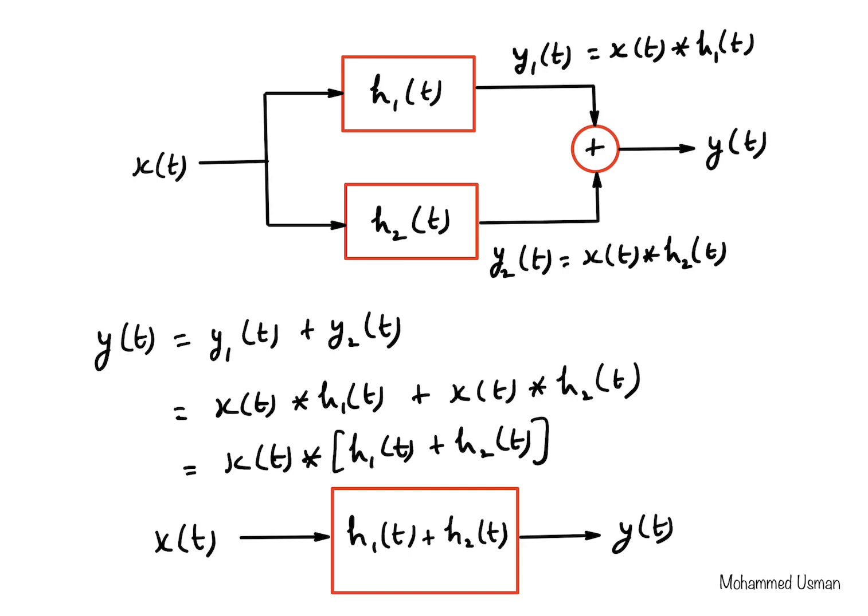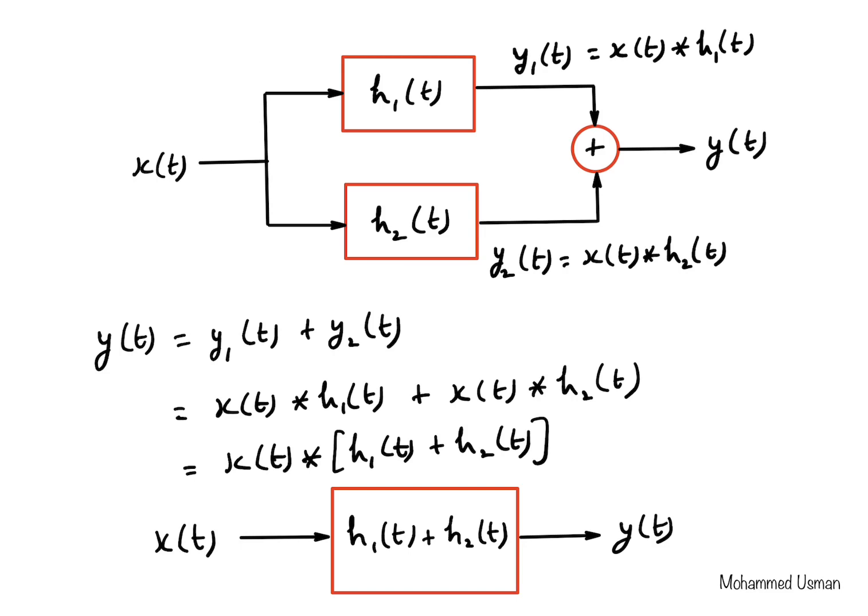Okay, so that's called the distributive property of the LTI systems, and in fact that's a feature of the convolution operation itself. So the convolution operation exhibits this distributive property, and therefore it allows us to represent parallel systems as a single system whose impulse response is the sum of the individual impulse responses.